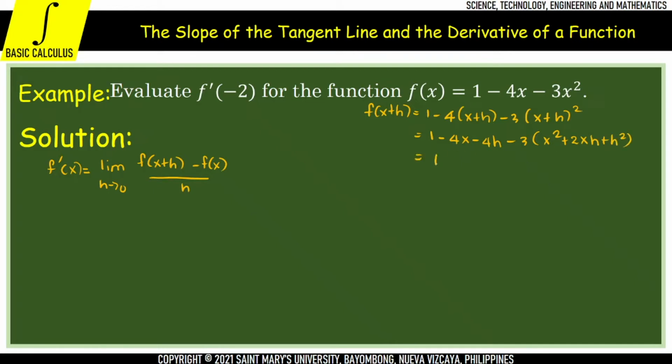And we can now simplify further. Minus 3x squared. Negative 3 times positive 2xh is negative 6xh. Negative 3 times h squared is negative 3h squared. So we can now substitute our function.